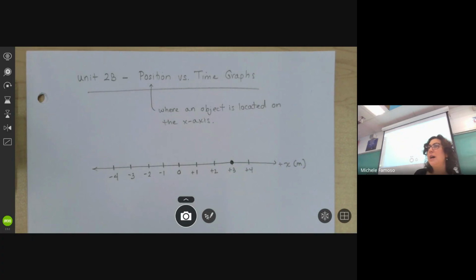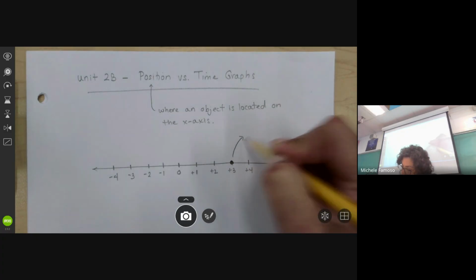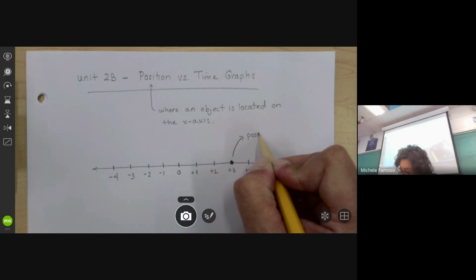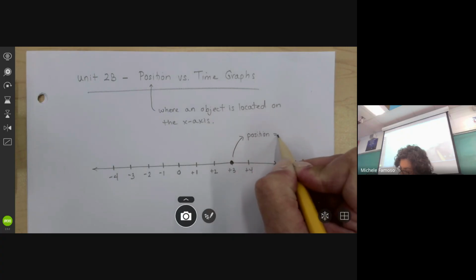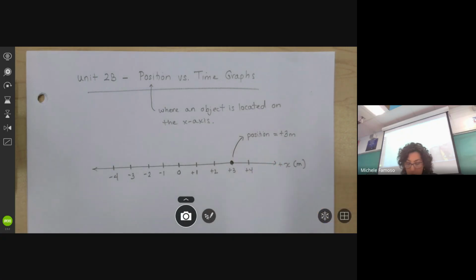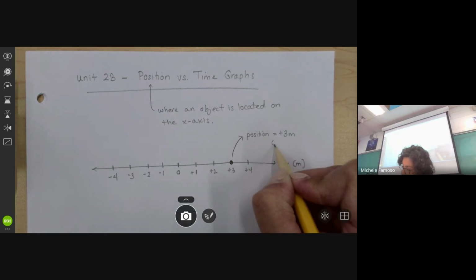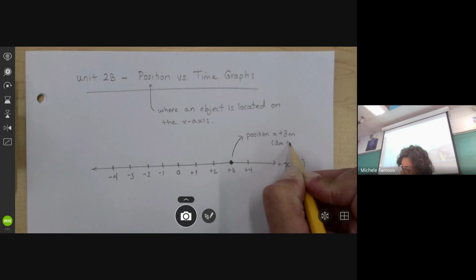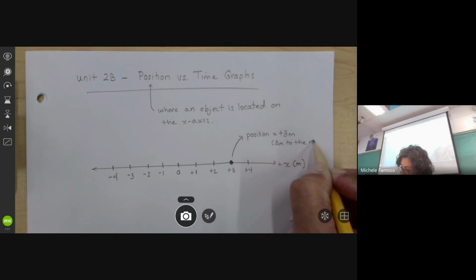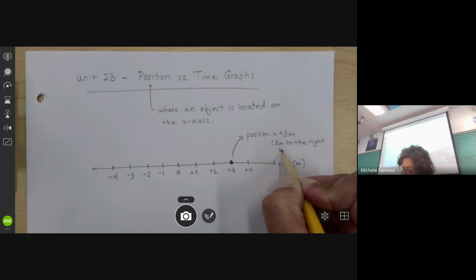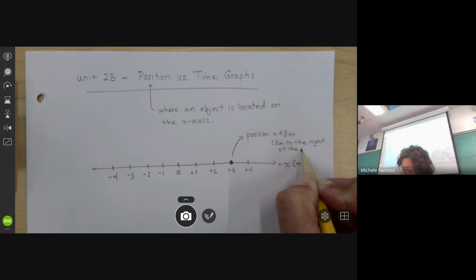Do you see where I just put a dot? At +3 meters. I would then say that the position there is +3 meters. Remember what that means. 3 meters to the right of the origin.